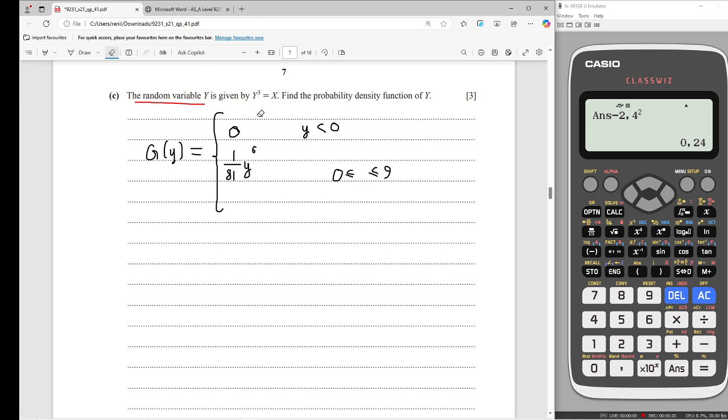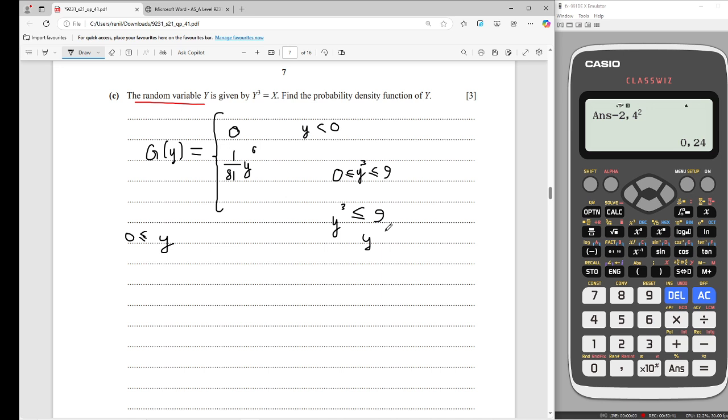Okay, so let's plug in our value for x as y cubed. So far in our equation, we've got y greater than or equal to 0. And next we have y cubed lesser than or equal to 9.